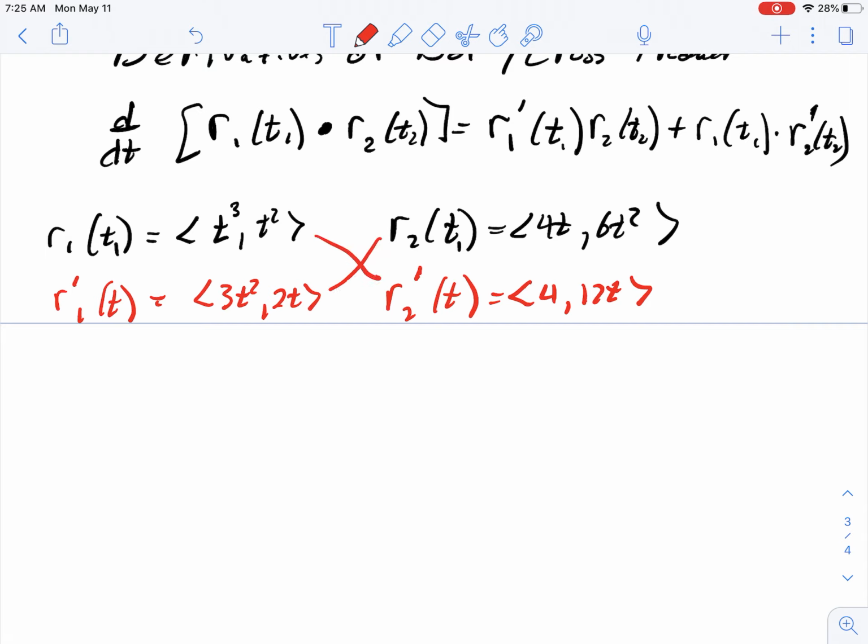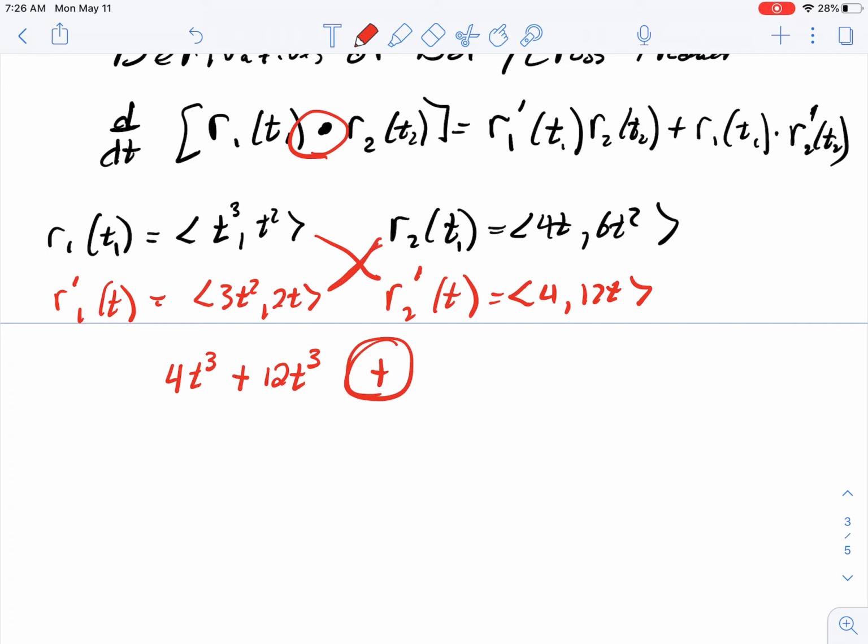And basically, we'll do the same thing as before. So the product rule of this, but now remember we're doing a dot product. So we're going to be adding these values together. The dot product here would be 4t cubed plus, is that 12t cubed?